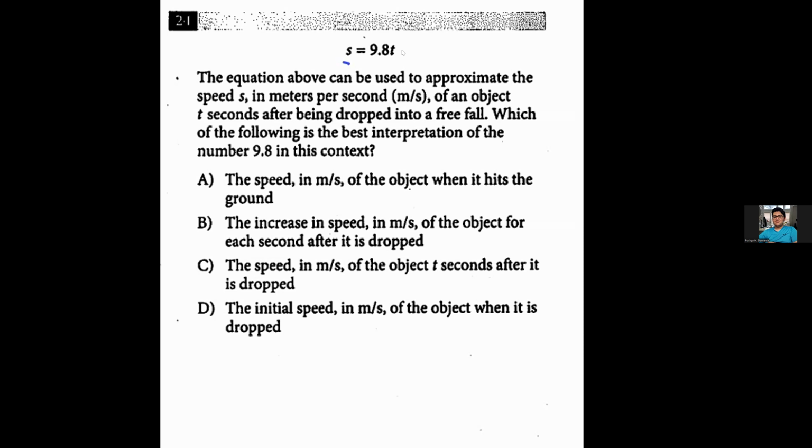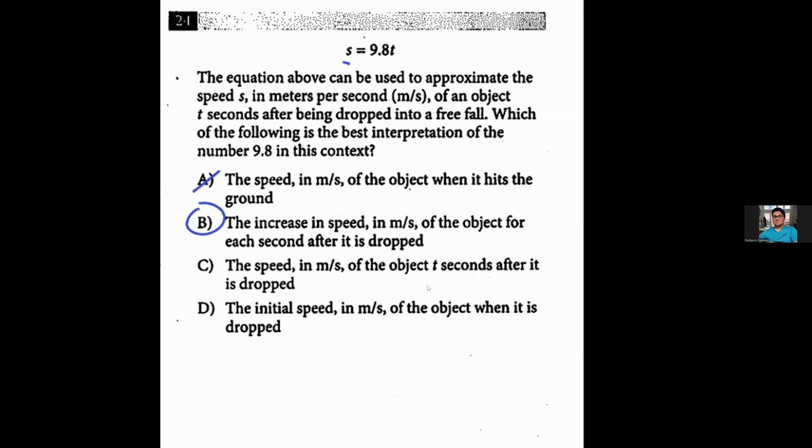In this case, every time t increases by 1, the speed increases by 9.8. So which of the following is the interpretation of 9.8? Well, that's how much speed changes by, the increase in speed every second. So that would be instantaneous speed. The speed in meters when the object hits the ground is not correct.